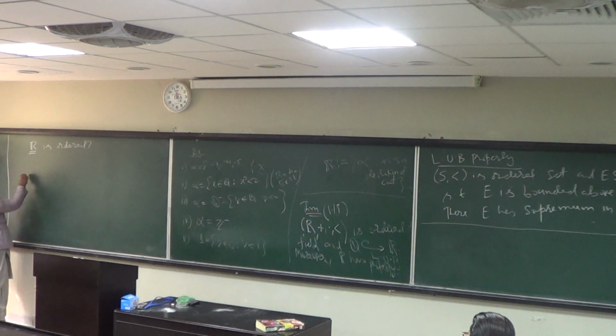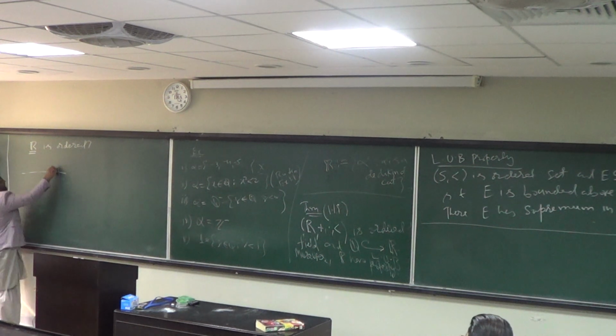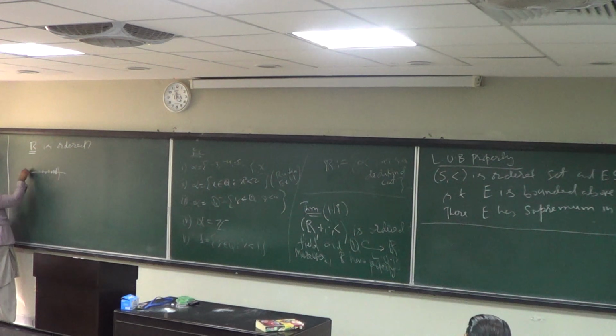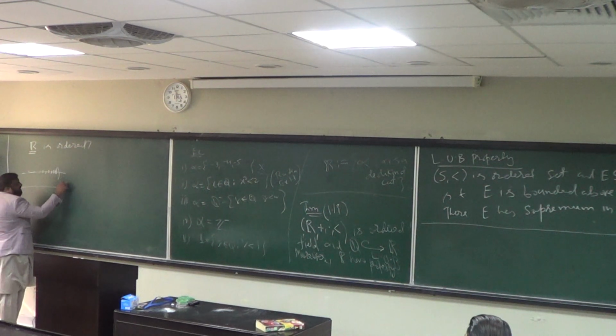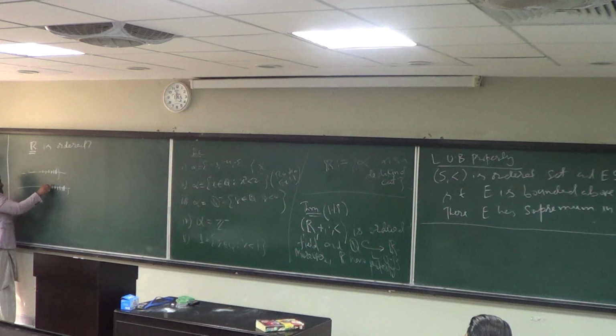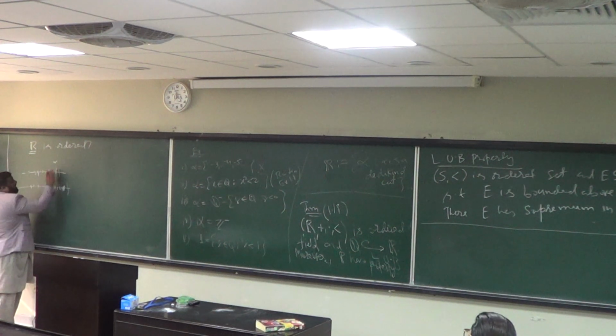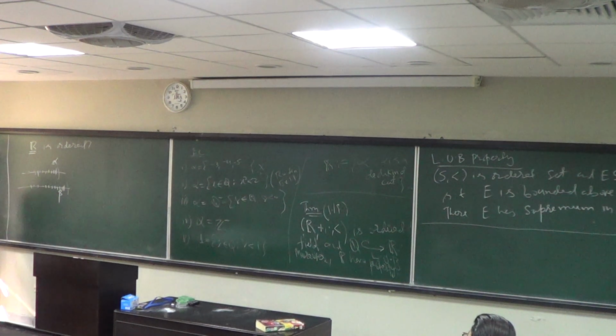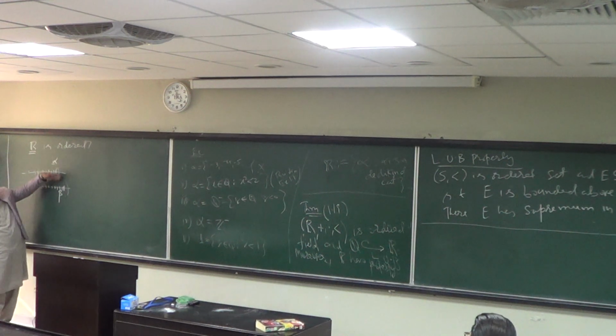If I have a cut containing lots of rationals, and another cut containing lots of other rational numbers, and this is alpha and this is beta, these two cuts are on the same rational line, so you don't treat these two as different creatures. So alpha is here and beta is somewhere here.